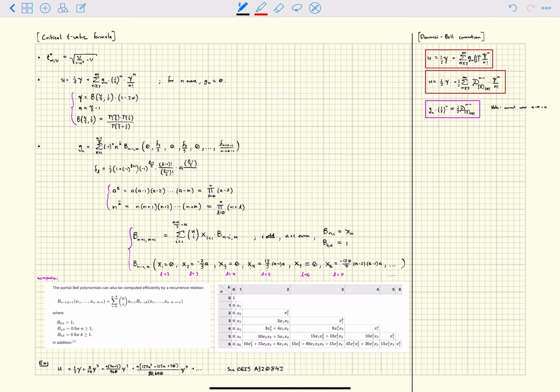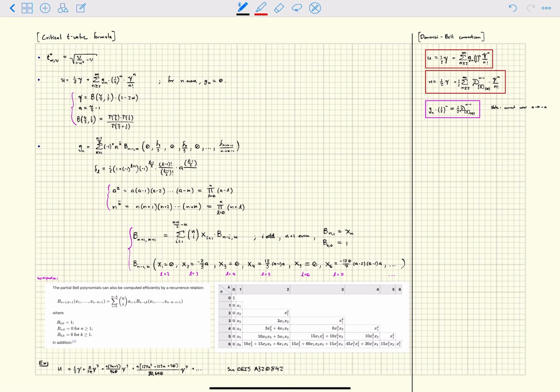So moving on to computing the coefficients, these g of n terms. It's explicitly given that these g of n terms are just going to be a sum in terms of these partial Bell polynomials. And in these partial Bell polynomials, you have these f terms, which I also give an explicit formula for.